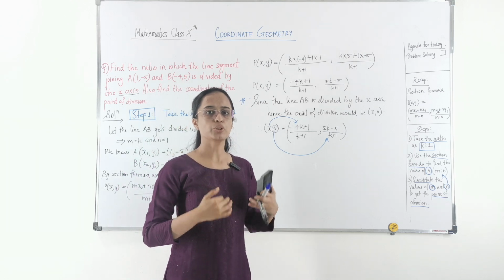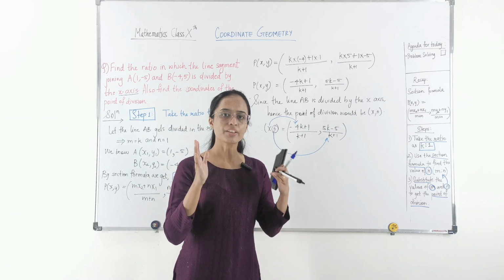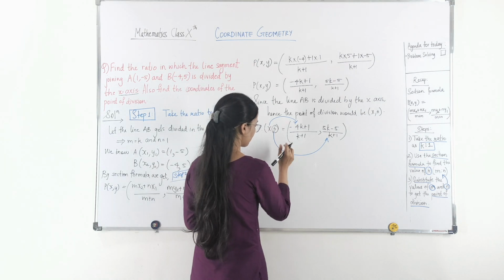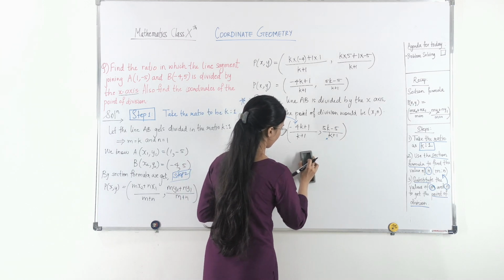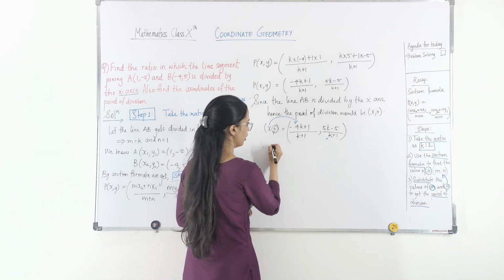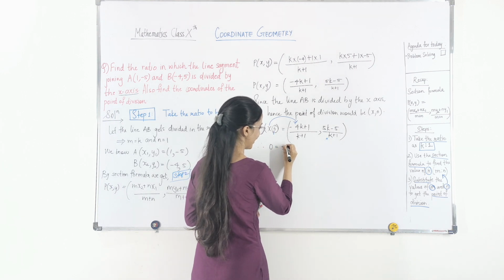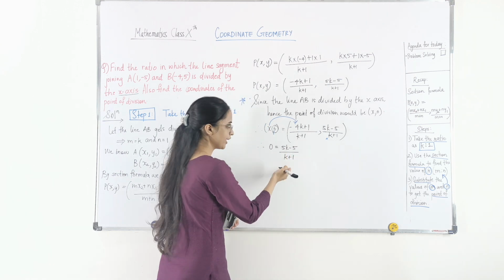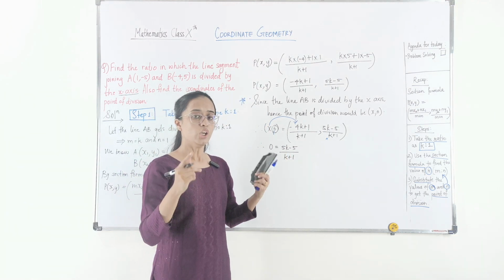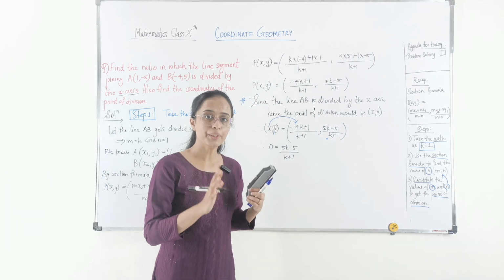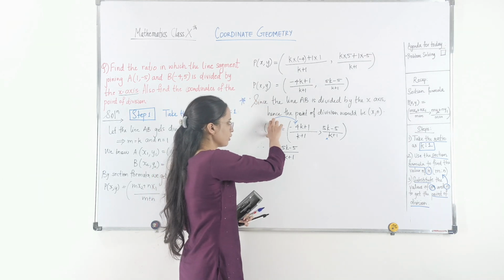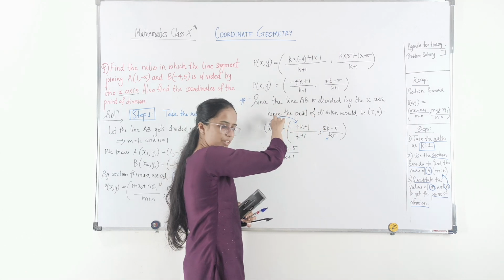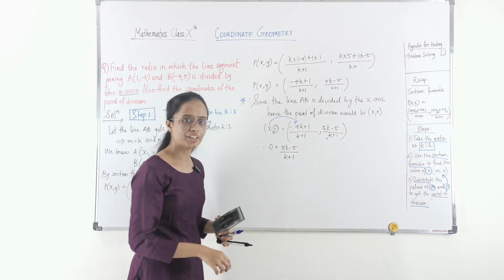But since my aim is to find the value of k, therefore in the equality I should just have one unknown, and that is why I would be writing, therefore 0 is equal to 5k minus 5 upon k plus 1. How did I get this? Again I'll tell you, when you write two coordinates that are equal to each other, it means that the x coordinate on this side is equal to the x coordinate on the other side, and the y coordinate on the left hand side is equal to the y coordinate on the right hand side.